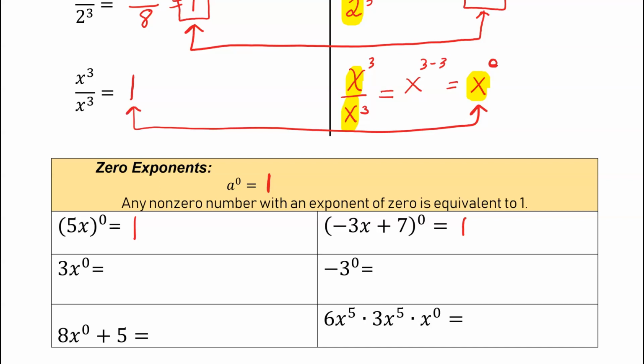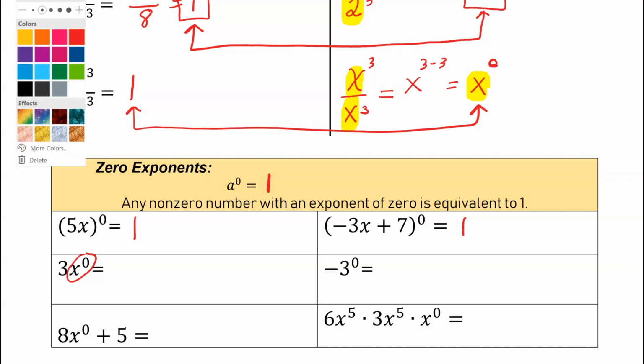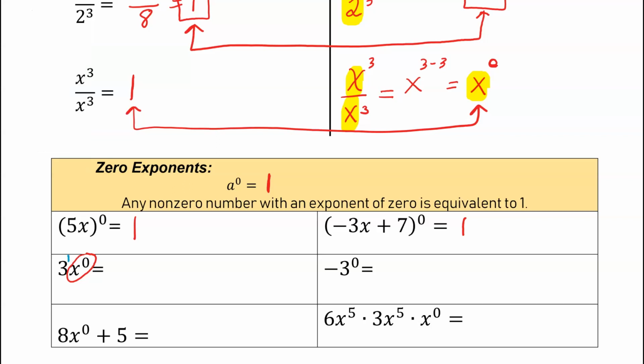Now, the next problem is not the same. Can you tell me why? Well, notice everything is not inside the parentheses. Therefore, everything is not to the 0 power. What is to the 0 power? Only the x is to the 0 power, not the 3. The 3 is actually to the first power, right?